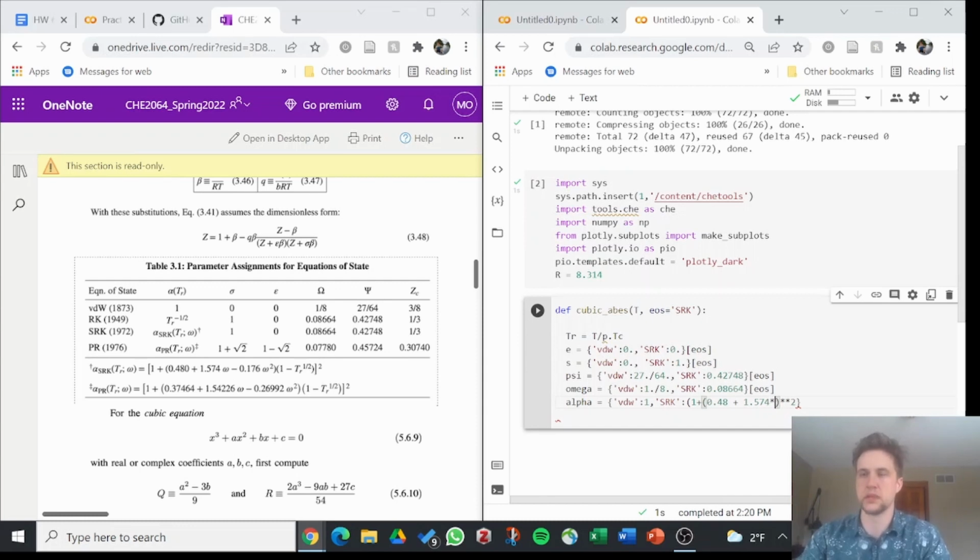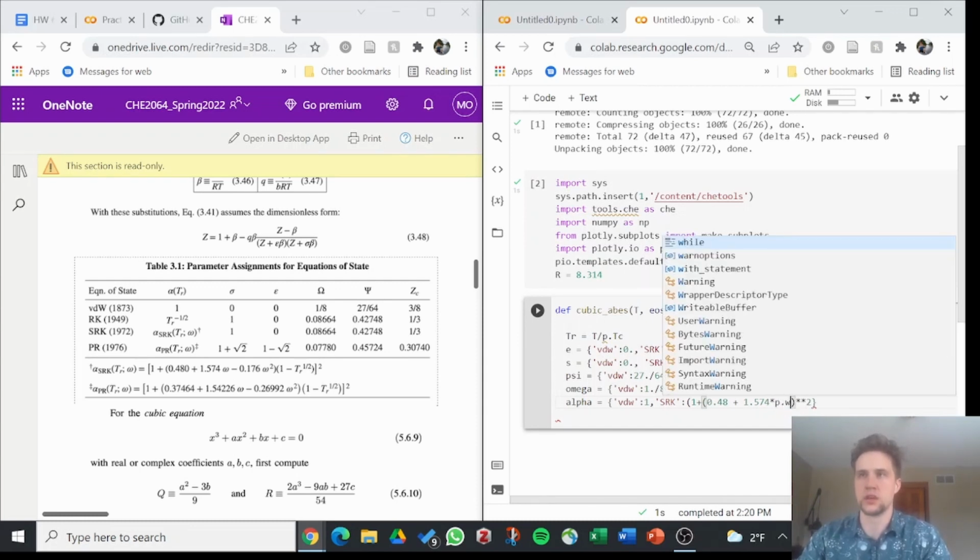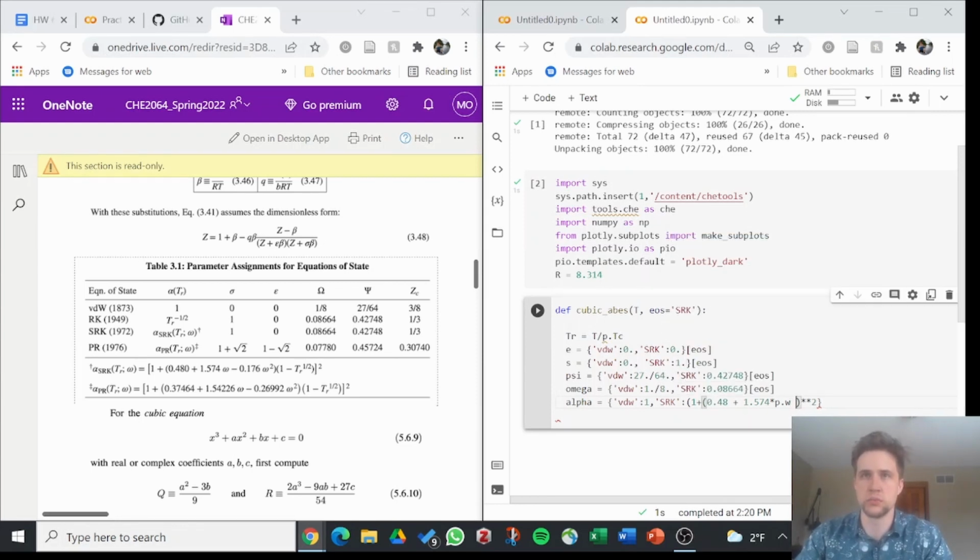Omega is just the eccentricity factor, which we already have a property for, pulling that from our chemical tools that we've already uploaded. So we can just put that property in there, which is great. Then 0.176 multiplied by the eccentricity factor squared. And then that whole thing gets put in parentheses.